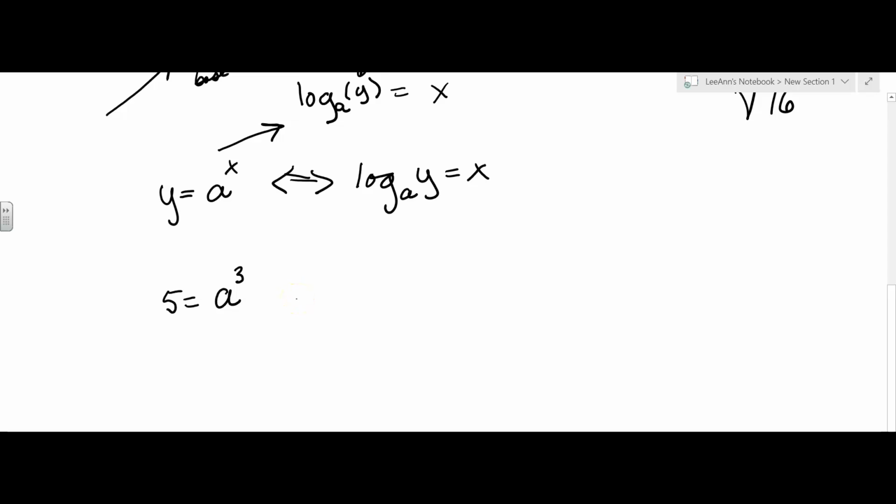If they say, hey, here's an exponential equation, we want you to write it as a logarithm equation, you're going to go log, you have to put log, and then the base in this case is going to be a. Then you're going to take it of the number that's on the other side, so it'd be of 5, and then it's going to equal the 3. Okay? So it's the exponent that it equals. You just have to get used to the notation.